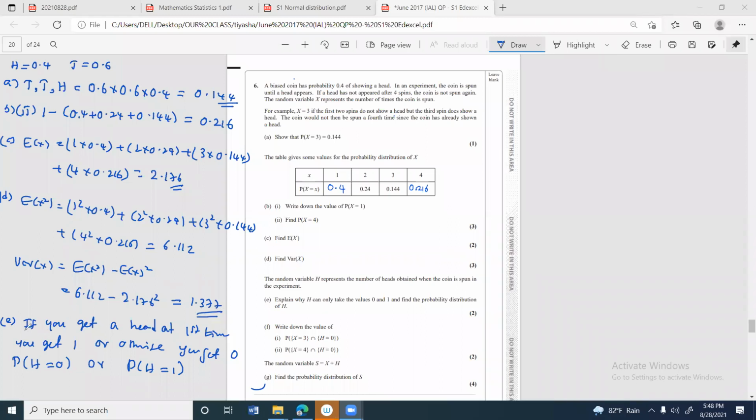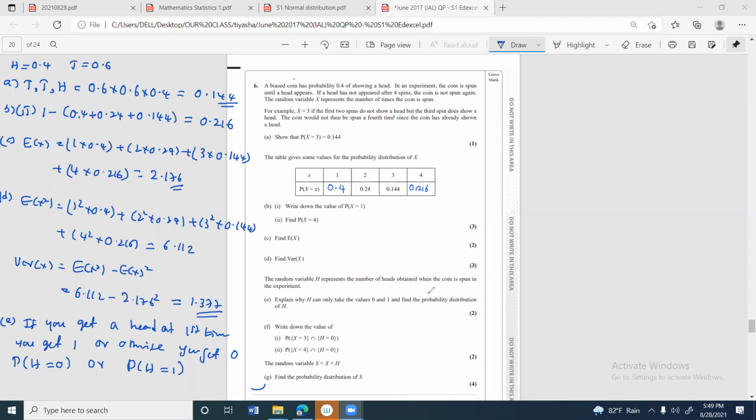Now, if I just come up with this answer, look at this. You have to read this question very carefully. The random variable h represents the number of heads obtained when the coin is spun in this experiment. Explain why h can only take the value of 0 and 1.